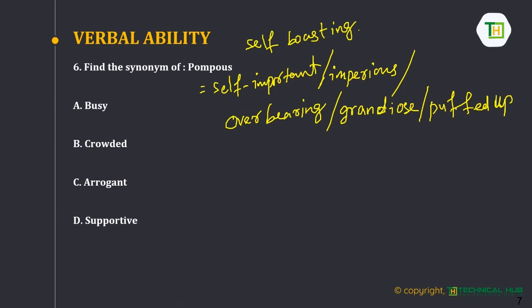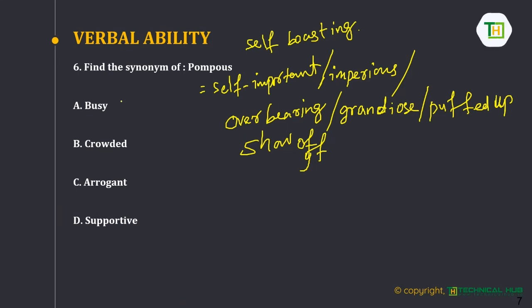So that also you can use. And the one who shows off too much, we can say show off. In your class also, someone or some girl would be there showing off: oh, I know everything, I have traveled through aeroplanes and all, like that also.